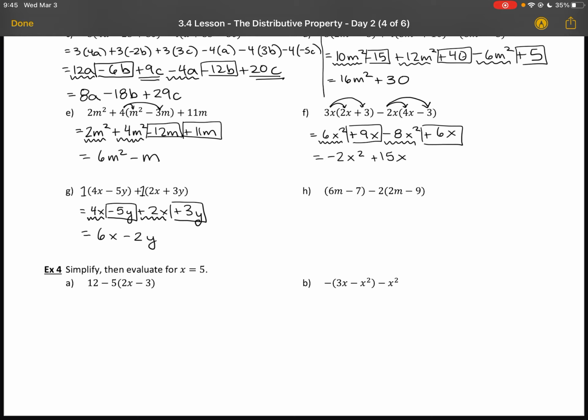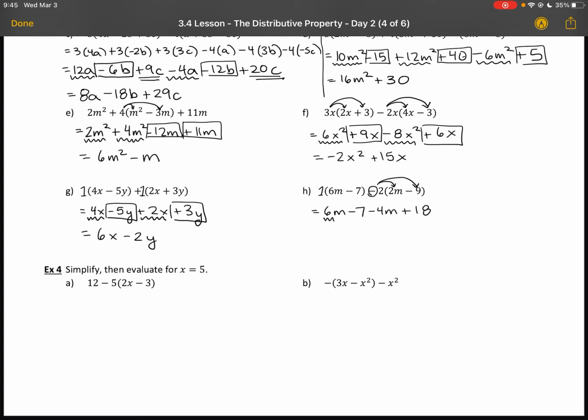H, however, has a minus in between the brackets, so it is important to make sure that that term is distributed into the second bracket. In front of my first bracket, I only have the number positive 1, so I can just rewrite those two terms without the brackets. My second two terms are going to be minus 4m plus 18.